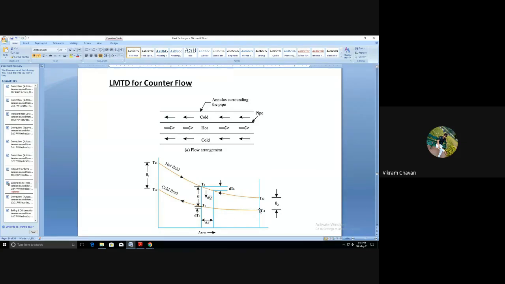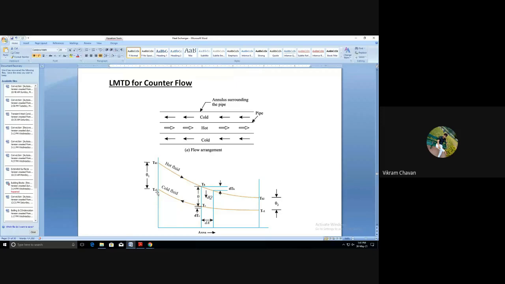And while the fluid is flowing through the surface area of a heat exchanger or through the tube, its temperature goes on increasing as it gains heat from the hot fluid. On the other side, where the hot fluid enters, we will get the exit of the cold fluid.